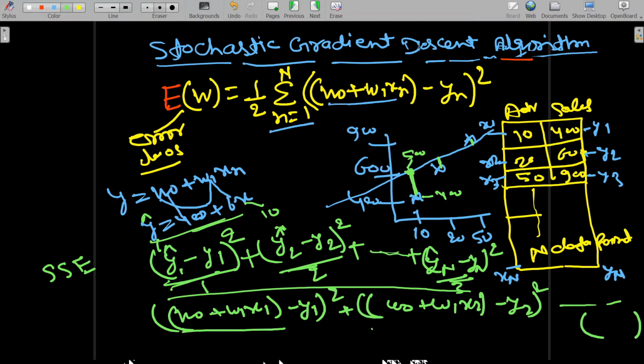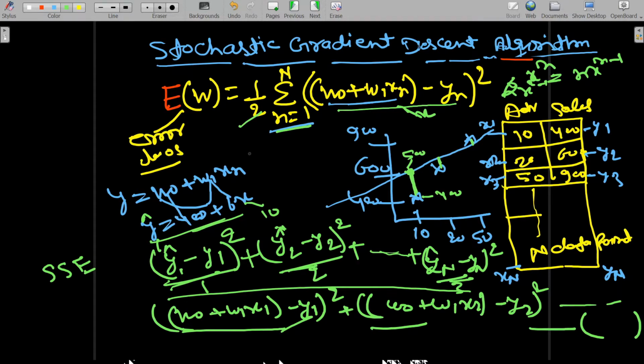We sum until the nth data point, that's why we have n = 1 to N, and we are putting half, which we have already explained earlier. When you differentiate x power n, it is n x^(n-1), so here the power 2 comes down, 2x^(2-1), so this 2 and the half cancel. That is not our intention to explain here.